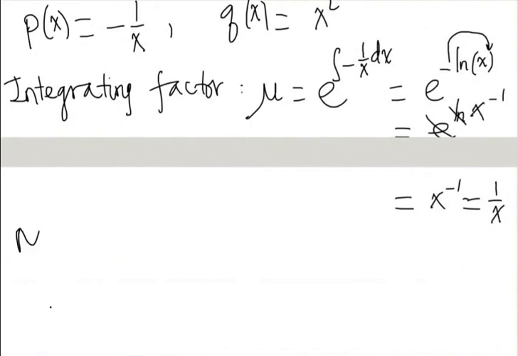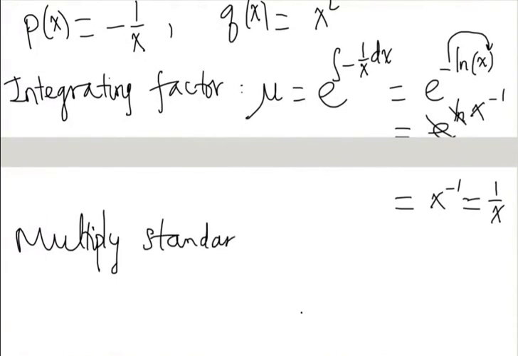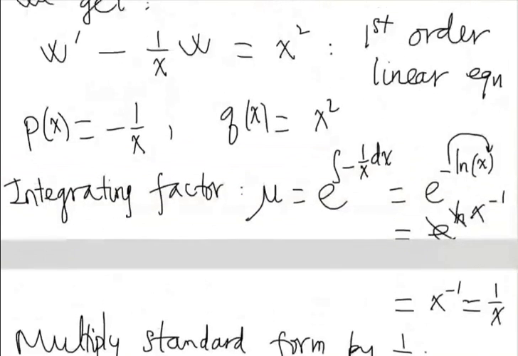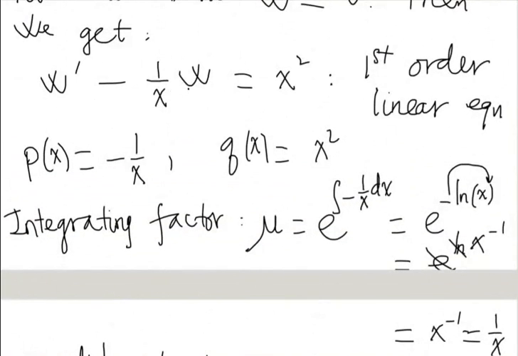And now we multiply the standard form by 1 over x. Standard form is right here, and we need to multiply through by 1 over x.